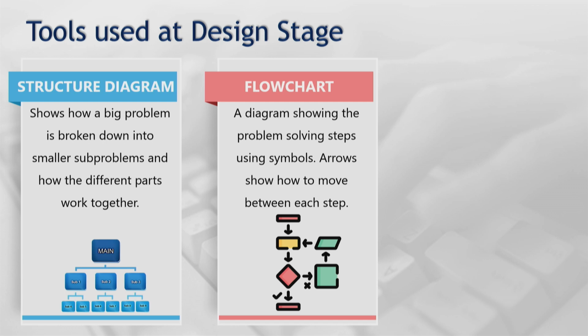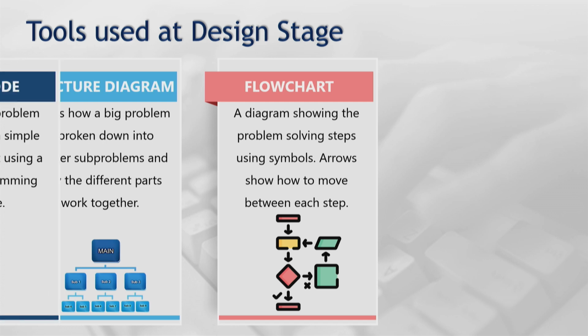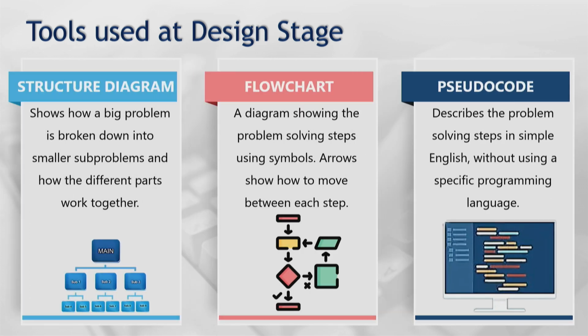A flowchart is a diagram showing the problem-solving steps using symbols, and arrows are used to show how to move between each step. Number 3 is pseudocode. Pseudocode is used to describe steps to solve a problem in simple English without using a specific programming language.